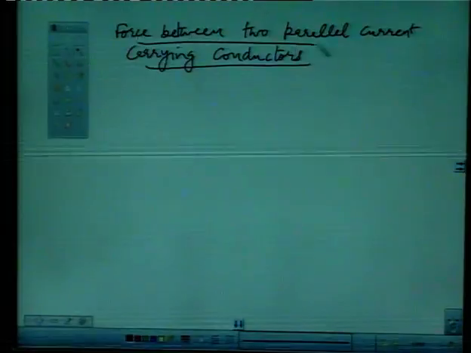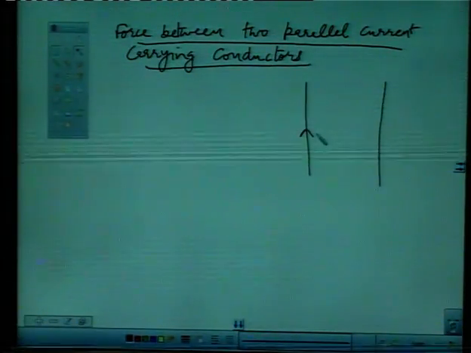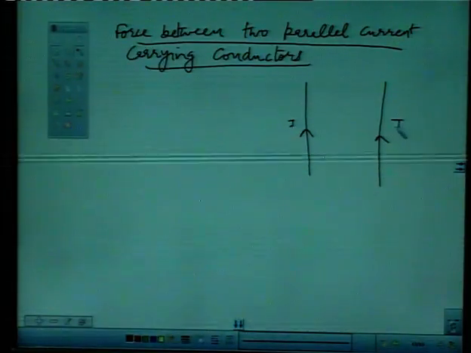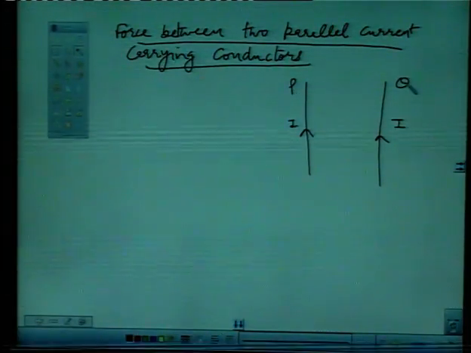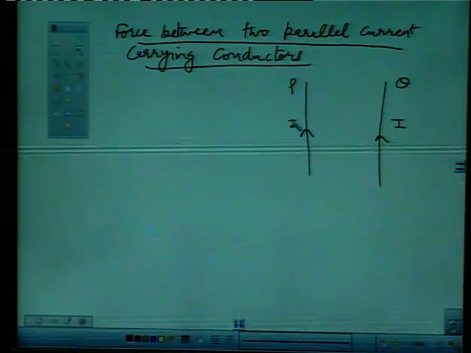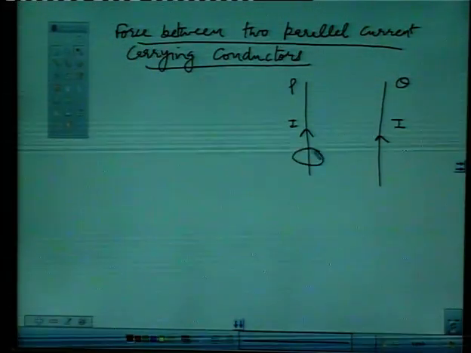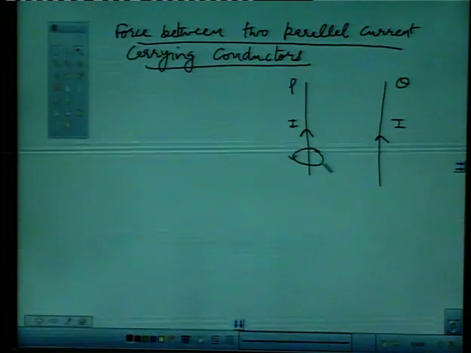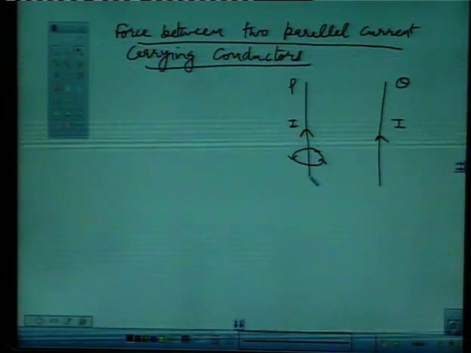Now we have two conductors which are parallel to each other and both are having the current I. This is conductor P and this is conductor Q. If we talk about the magnetic field for both conductors, it will be in circular lines around the conductor, and the direction can be given by the right hand thumb rule.